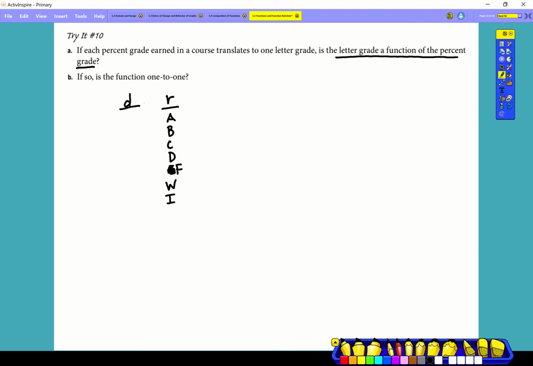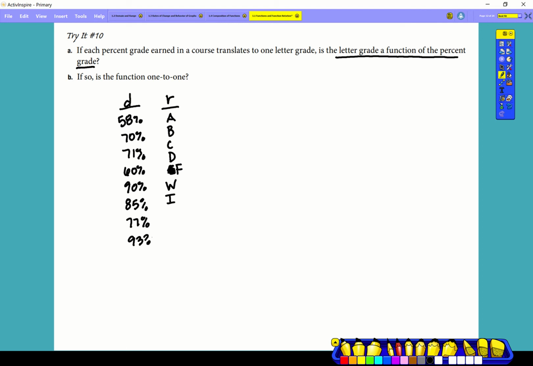So the domain is going to be the percent grade. So we've got a 58, a 70, a 71, a 60, a 90, an 85, a 77, 93. All right, these are all of them.